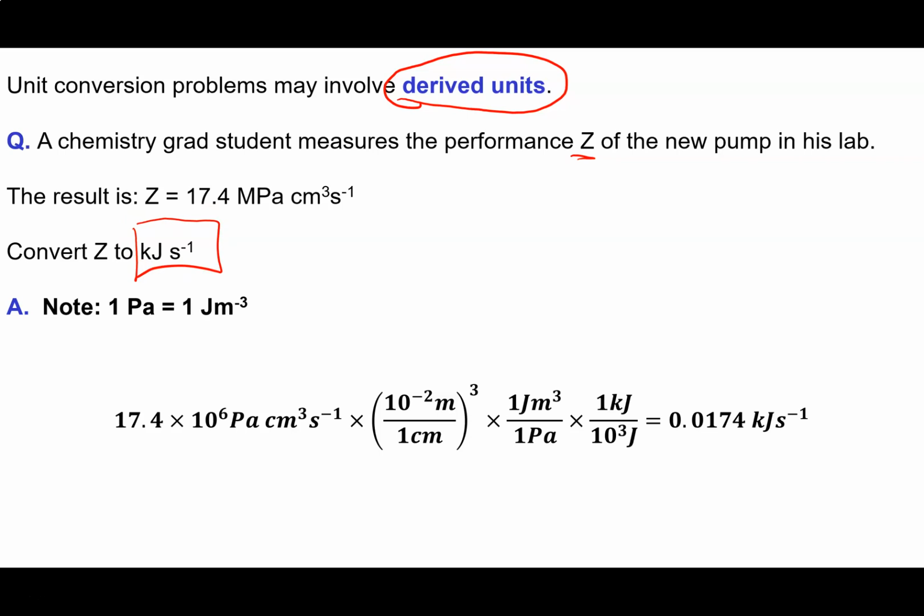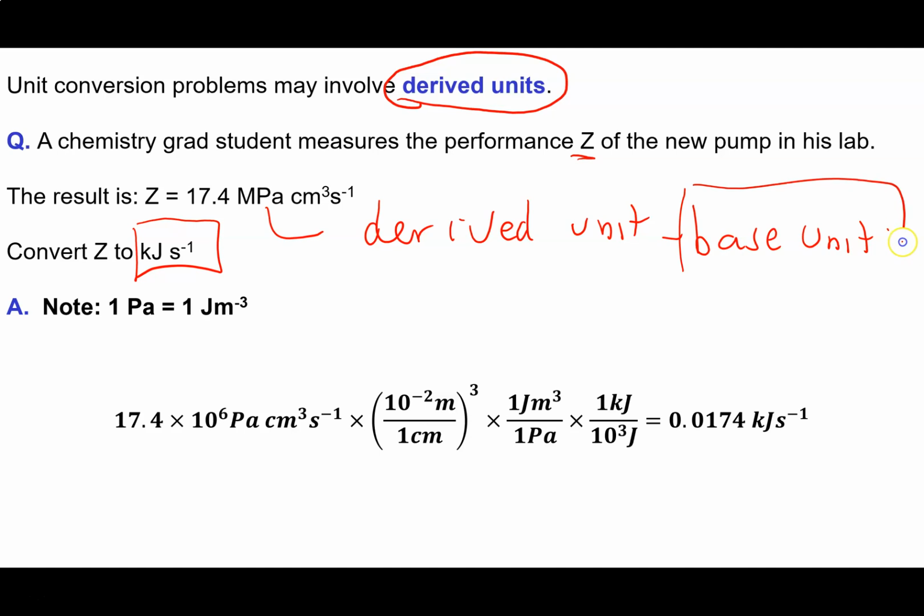So the very first thing that I do is I recognize that Pascal is a derived unit. And I want to know what are the base units that this is a combination of, right? It's not one of the 7 SI base units. And similarly, the joule is also a derived unit. It's not an SI base unit.